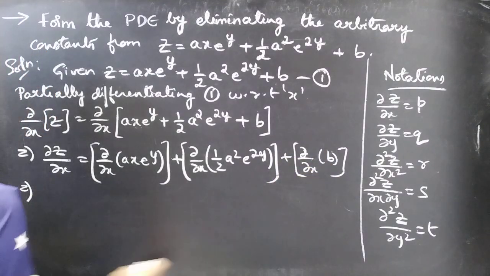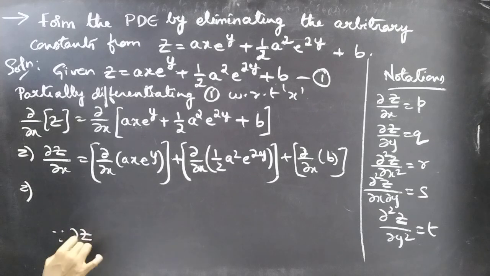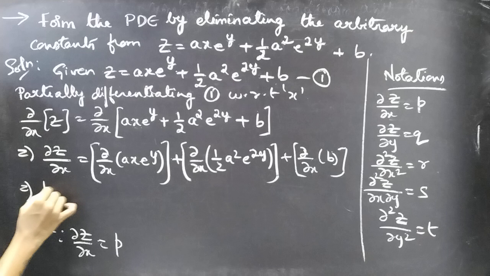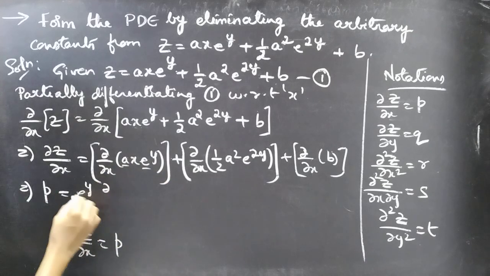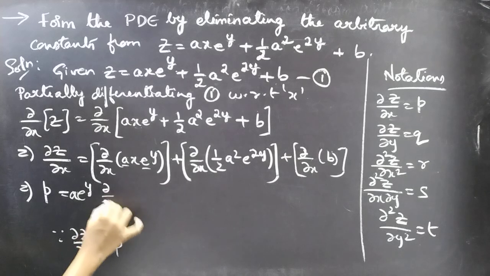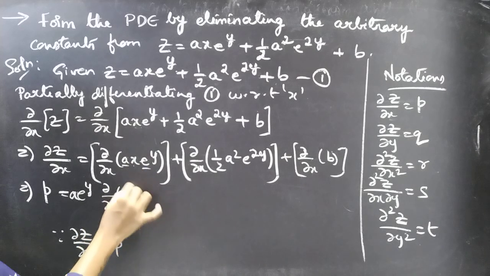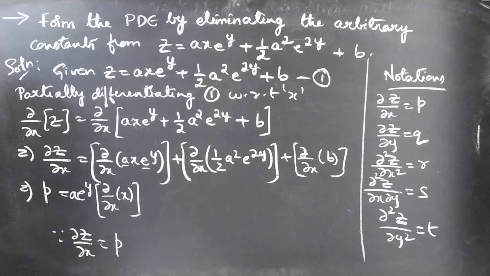Since dou z by dou x equal to p, let's use this notation and replace it by p. You'll get p equal to constant a e power y into dou by dou x of x. Since y is treated as constant, e power y is also treated as constant.